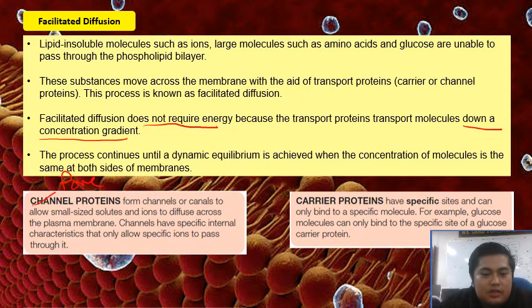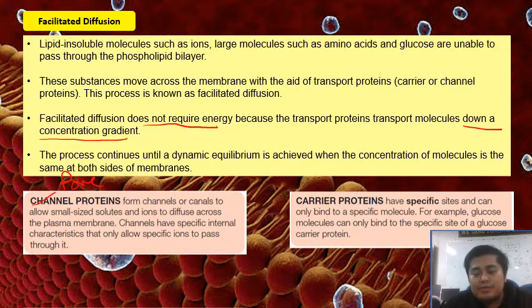So channel proteins form channels or canals to allow small sized solutes and ions to diffuse across the plasma membrane. Channels have specific internal characteristics that only allow specific ions to pass through. Manakala carrier protein pula has specific sites that can only bind to a specific molecule. For example, a glucose molecule can only bind to a specific site for glucose carrier protein.